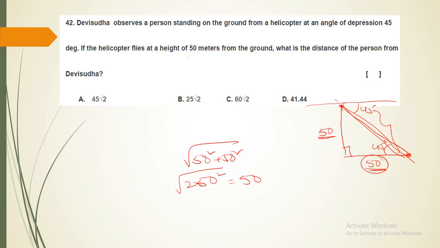This gives me 50 root 2. If you simplify further, it will be greater than 50 only. So the answer is 50 root 2, not 60 root 2.